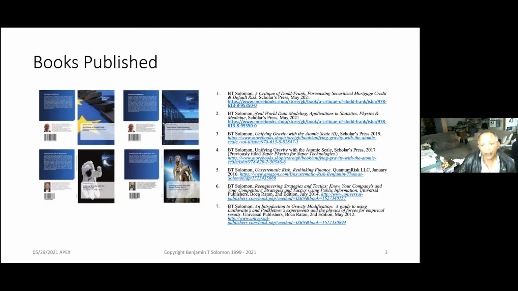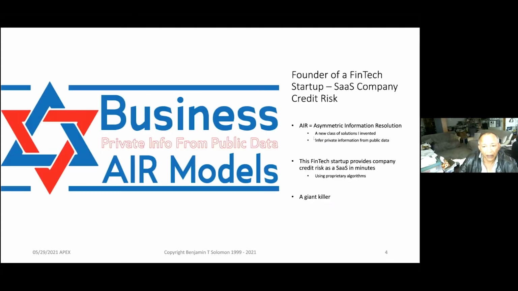But I've also put together a monograph on real-world modeling in statistics, in physics, and in medicine, because my friend has collected more than 10 years of his MS symptoms, and we were able to use that to reconstruct the disease processes. So we expect that to substantially hasten treatment or cure for MS.